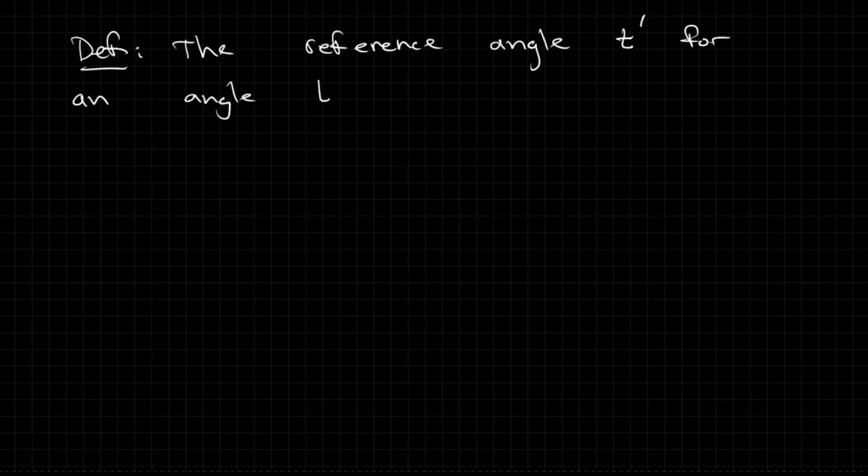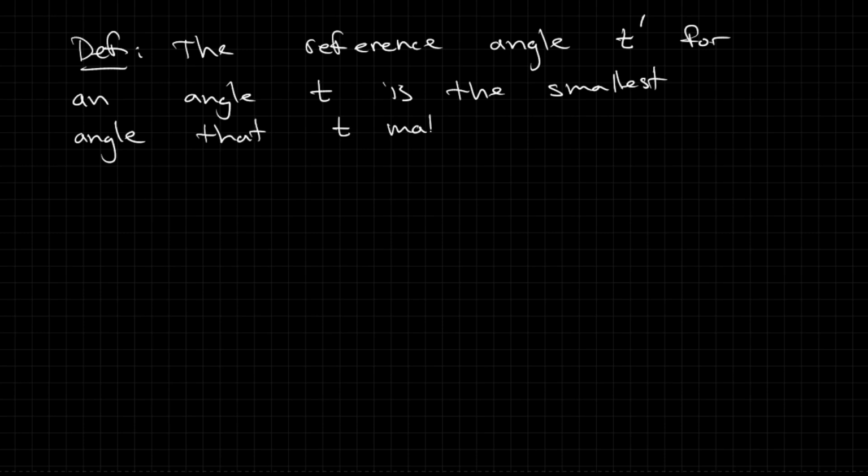So the definition of the reference angle for an angle t, and let's introduce the notation for the reference angle, we'll call it t prime, for an angle t is the smallest angle that t makes with the x-axis.